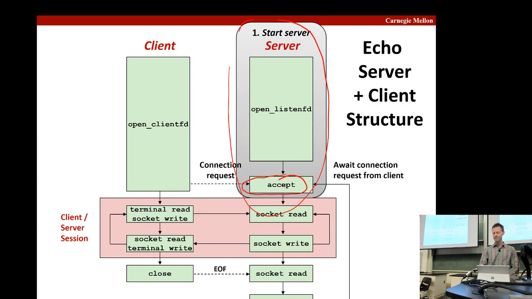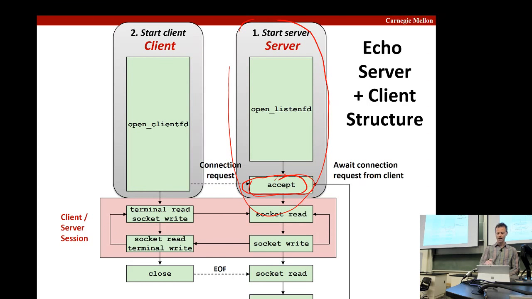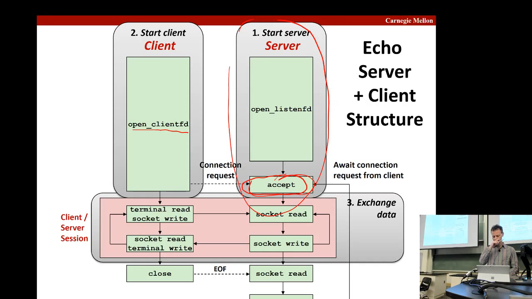It's just sitting there waiting passively, like a vending machine waiting for someone to put coins in. Then the client was started up, with some client file descriptor that it writes to, and it makes a connection request. That request gets accepted by the server, and now there is a connection established between the two.